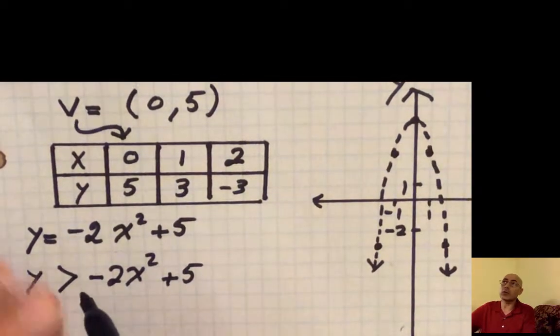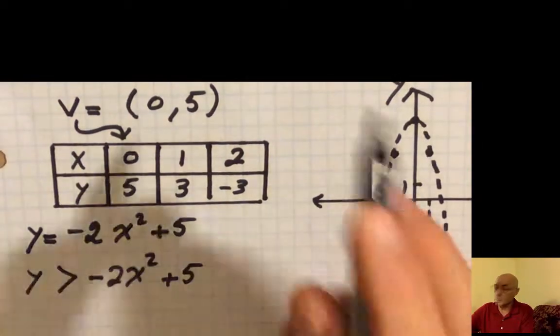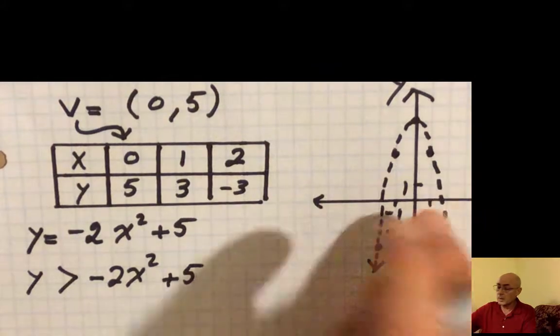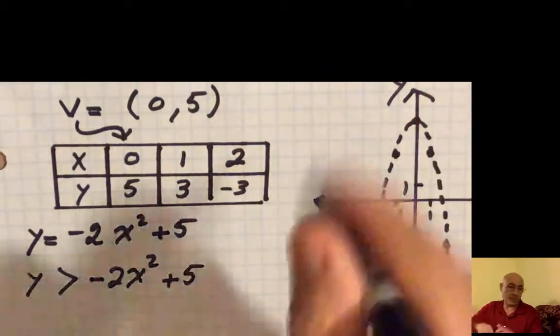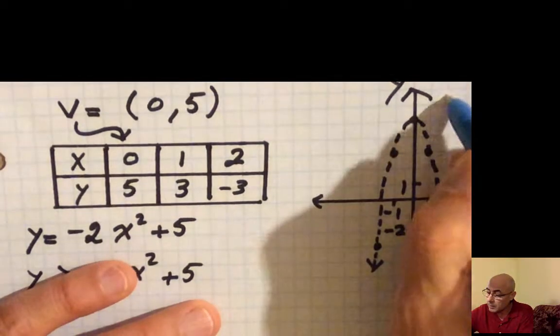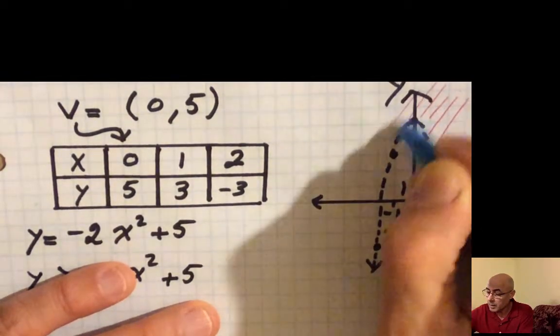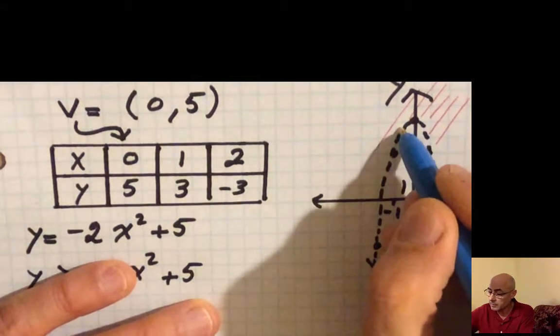To make y greater, you need to go above the parabola. So this means we're going to shade above that dashed parabola. So I'm going to use another color, and we are going to shade above. This is above, and everything outside.